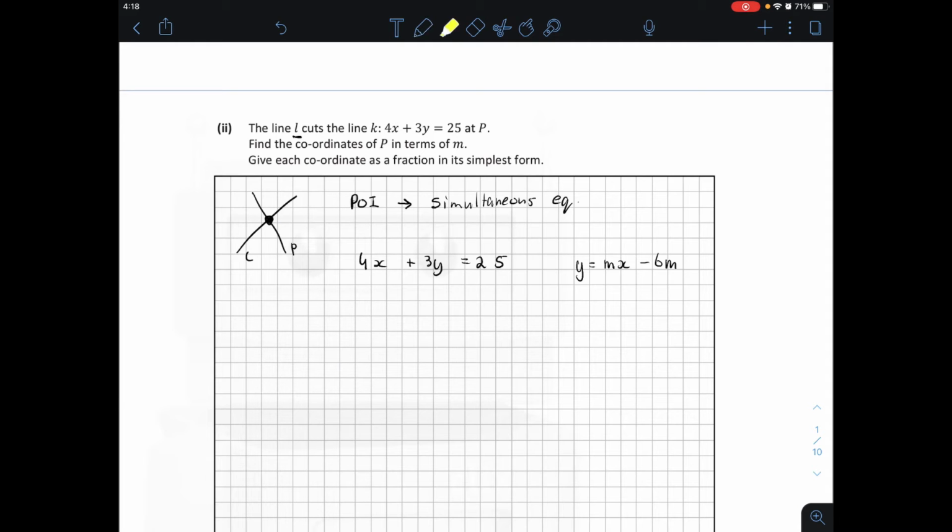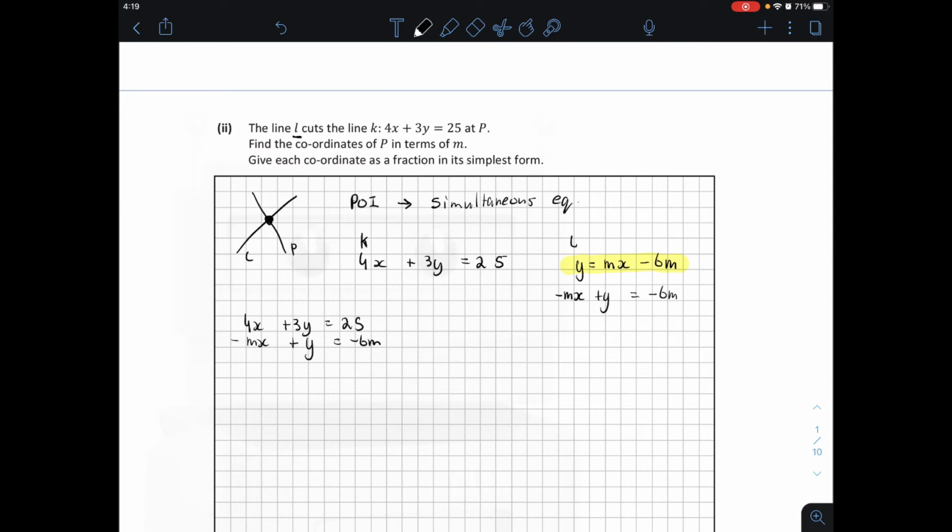So the first thing I'm going to do with line L is rewrite it so that the x and y are on one side of the equal sign and the numbers on the other, just like line K. This leaves me with minus mx plus y equals minus 6m.